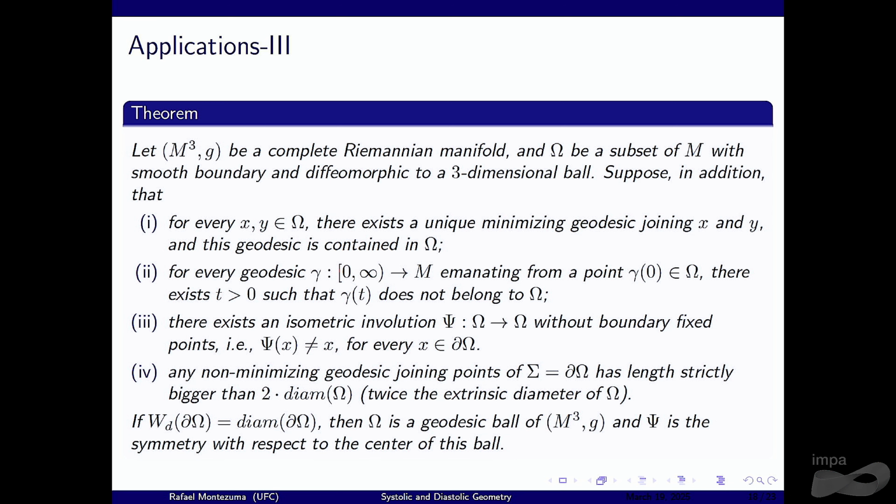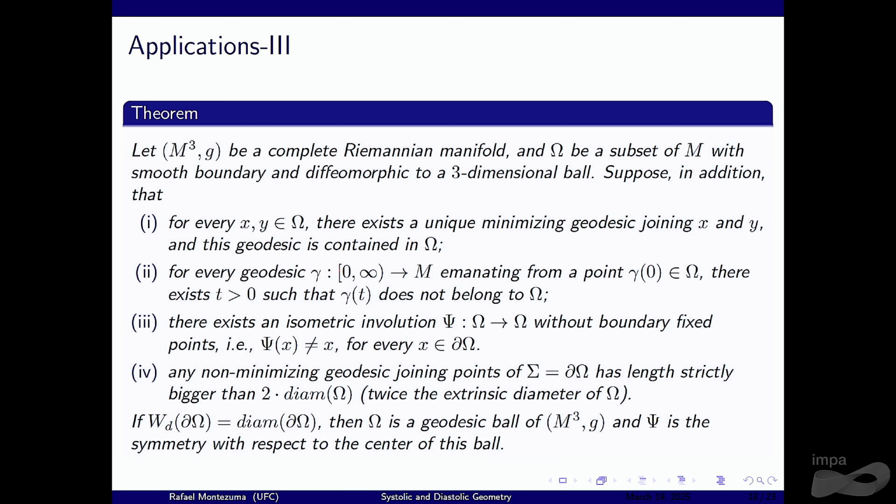For example, if you take a Reuleaux triangle and you rotate it, then you get an example. Despite that, if you force the surface to be centrally symmetric, then it must be a round sphere. This is an example of a result in the classical theory of surfaces of constant width that we can generalize for the Riemannian setting the following way.